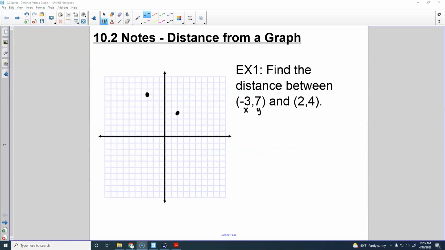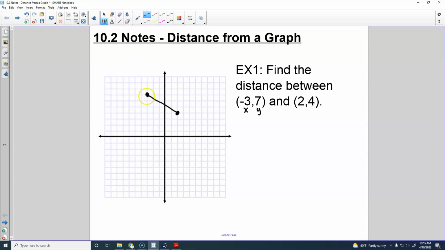All right, so if I want to find the distance here between these 2 points, I'm looking for the length of this line. It is going to be difficult to do that just by counting or looking. If my line is horizontal or vertical, I could just count that distance.